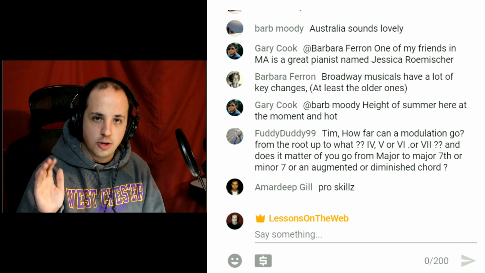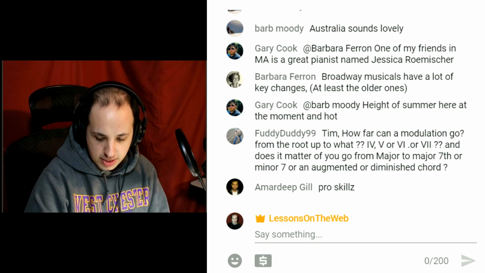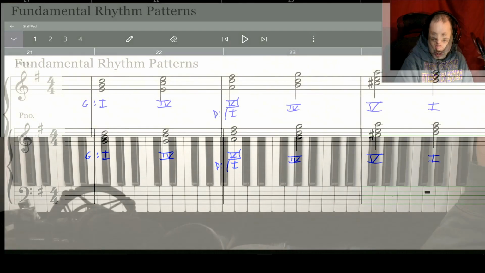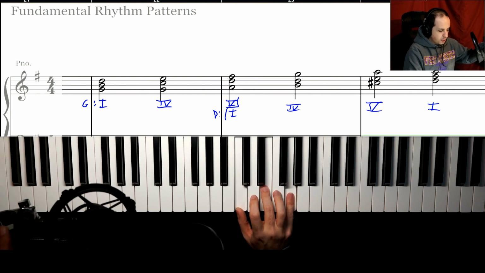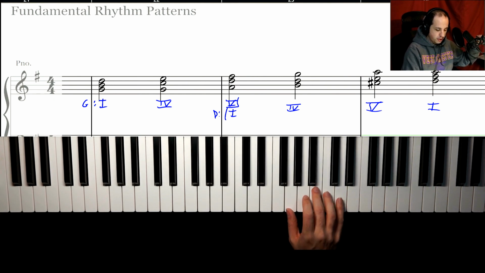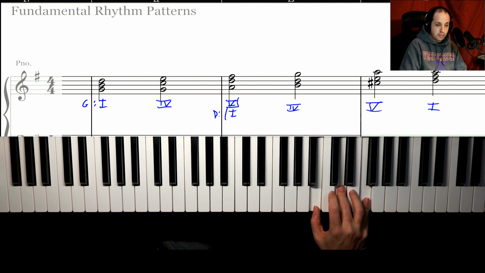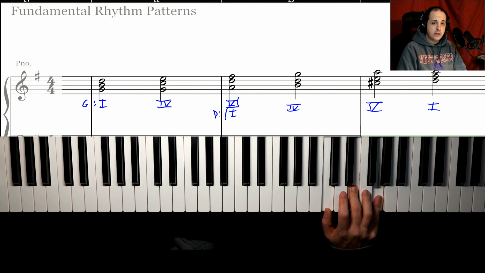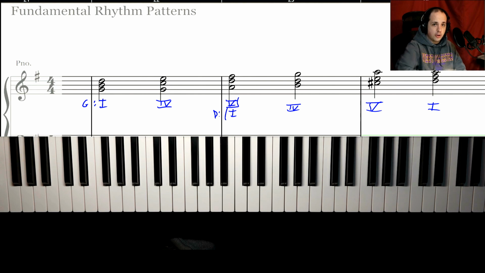It all depends on what number of the scale it is. If you're in C major, the first chord's major, and then minor, minor, major, major, minor, diminished, major. That pattern of chords is the same throughout all major keys.